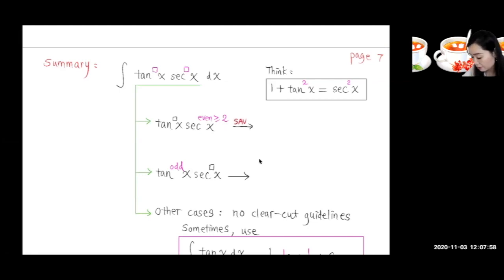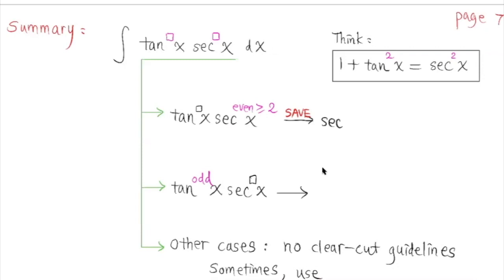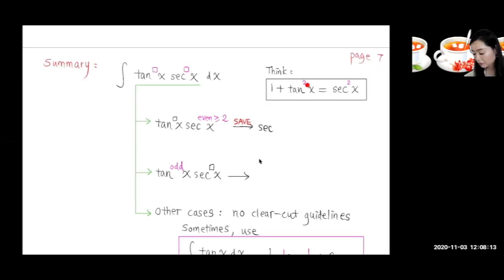We want the exponent here to remain even, so we save one secant square with dx, because that way it becomes d of tangent of x, the derivative of tangent x being secant square.